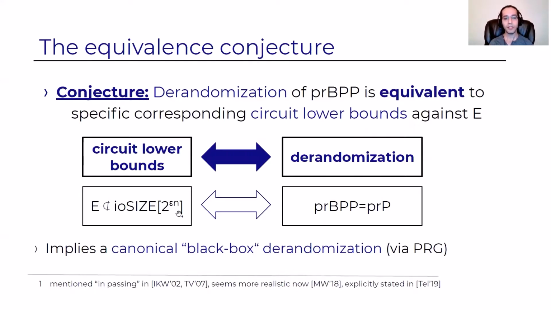For example, E is hard for exponential size circuits if and only if promise BPP equals promise P. And this conjecture not only says that the two problems are essentially the same problem in disguise, which is staggering, but it also implies a canonical black box way to do the derandomization. It says that if the derandomization is at all possible, then it is possible using PRGs in a black box way.